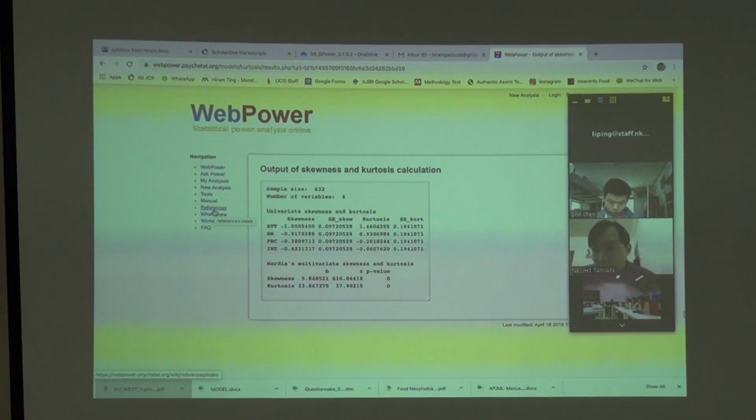Not univariate normality, which many people did and reported. It is actually multivariate normality. Why? Because normal data times normal data, you will get data which is not normal because of interaction.